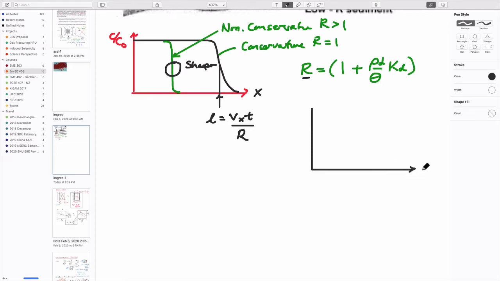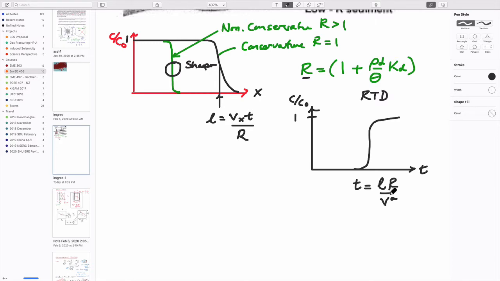If we look at arrivals in terms of the residence time distribution curve, RTD, for relative concentration, this would be 1, and this would be 1 as well, C over C0. Then again we expect to get this behavior where the arrival time, if we just rearrange this, is equal to length times retardation over advective velocity.